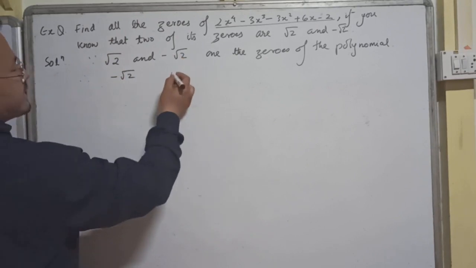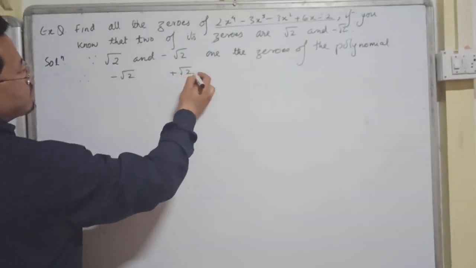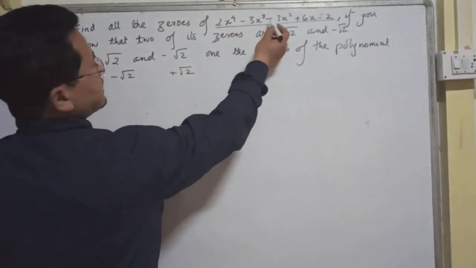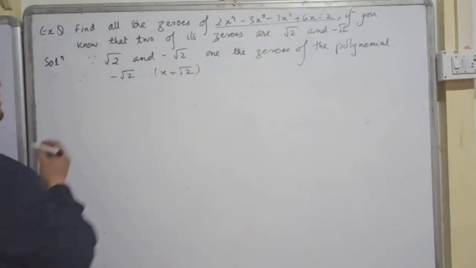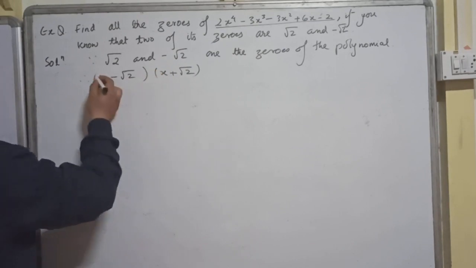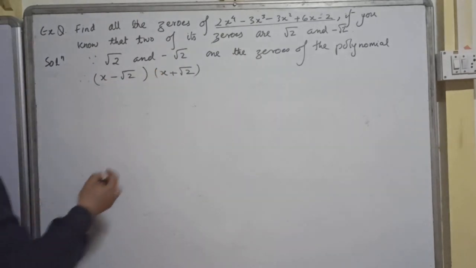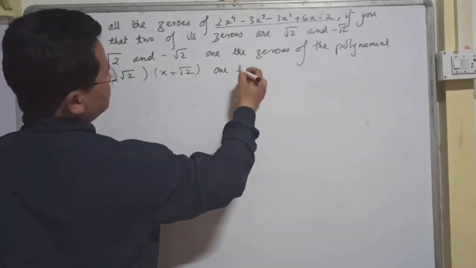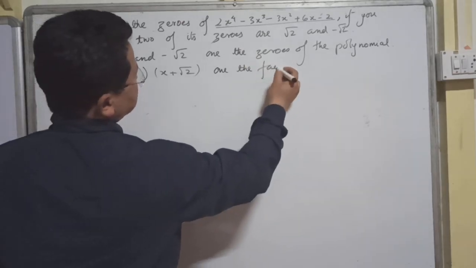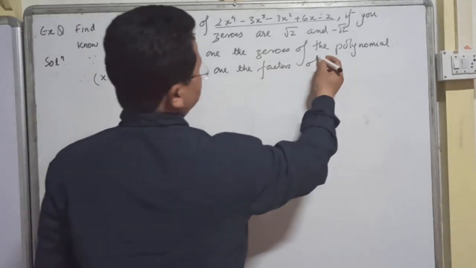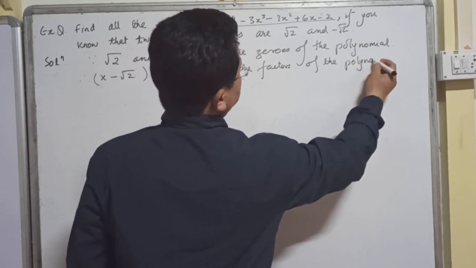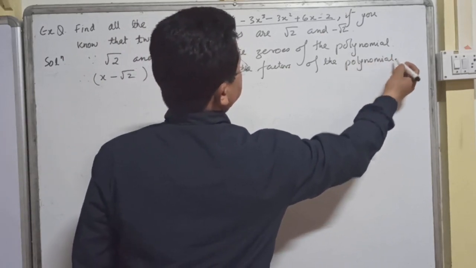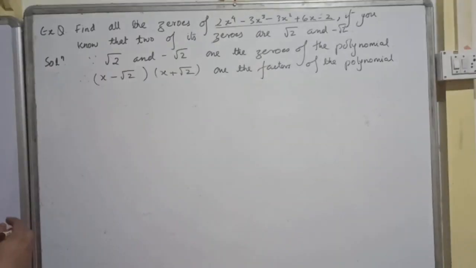Here we have negative, so we write positive. Since it is in variable x, we put x here within the bracket and x here within the bracket. These are the factors of the same polynomial. You can give it the name p(x).